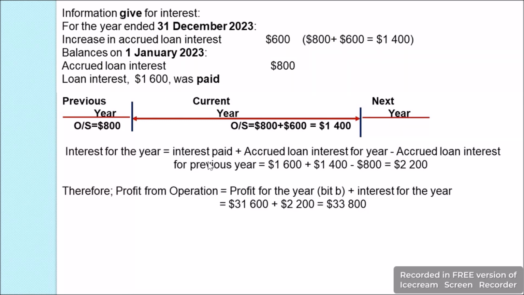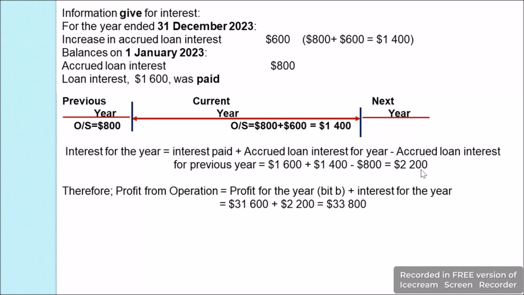So the loan interest which was paid was $1,600. To this we add this $1,400 and we subtract this $800. So the interest for the year which we subtract in the statement of profit or loss will be $2,200.